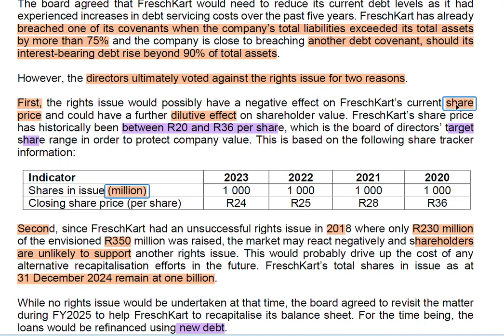And when it does, then the company share price will be below the target. So for that reason, they don't want to go ahead and do the rights issue because they know it will affect the share price. The share price will go below the target. And moreover, they consider that the value of the shareholders will be diluted.